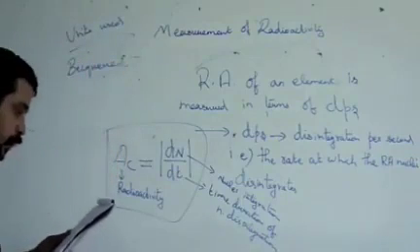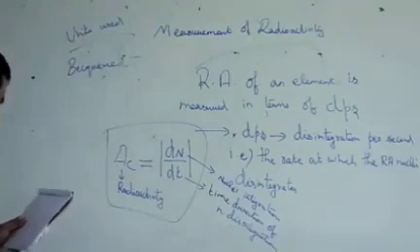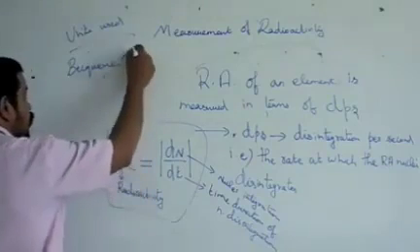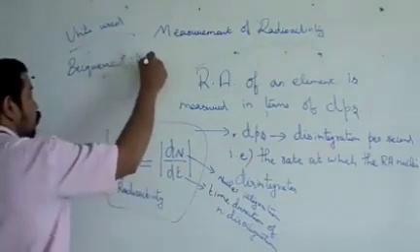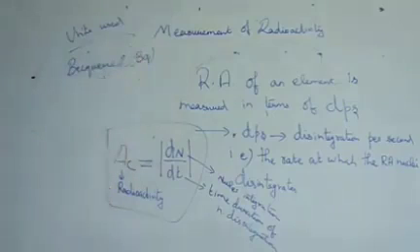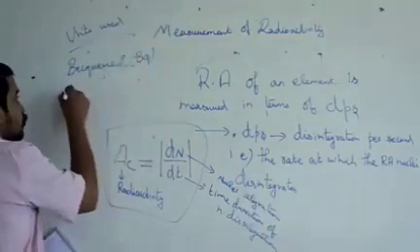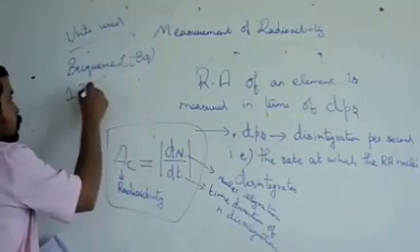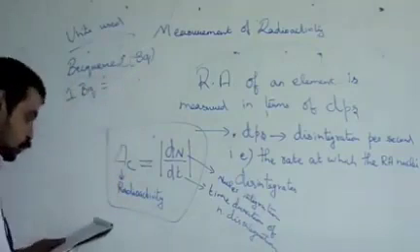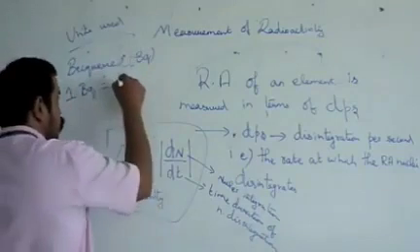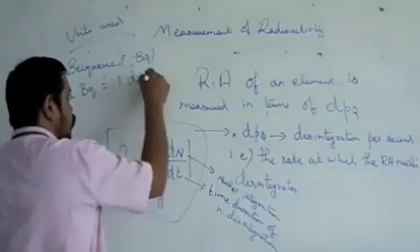We use becquerel, which is BQ, and 1 BQ is equal to 1 dps.